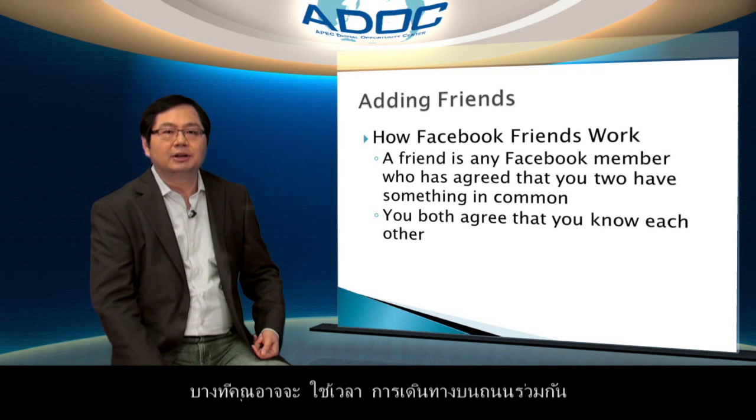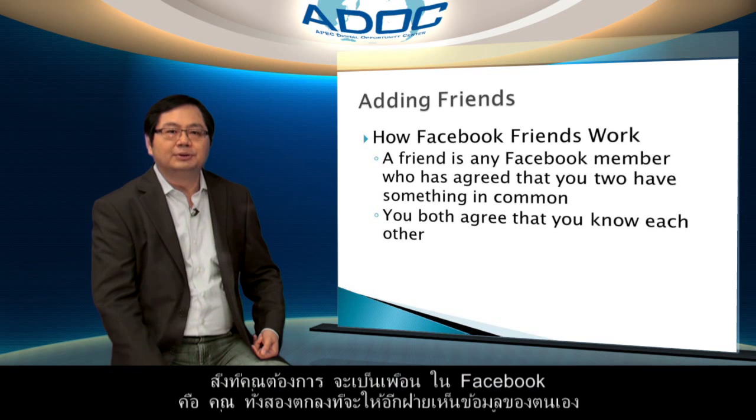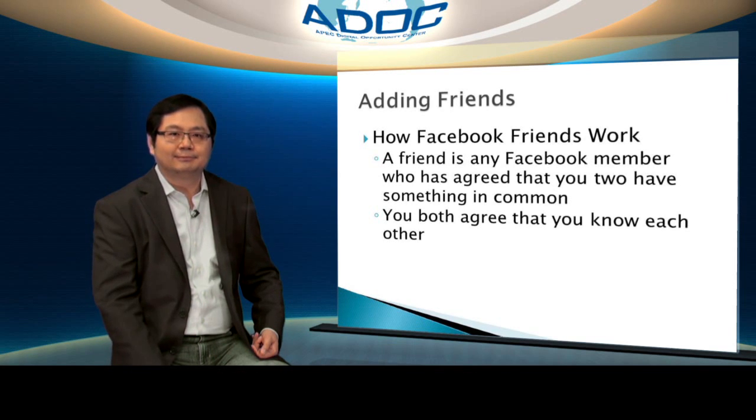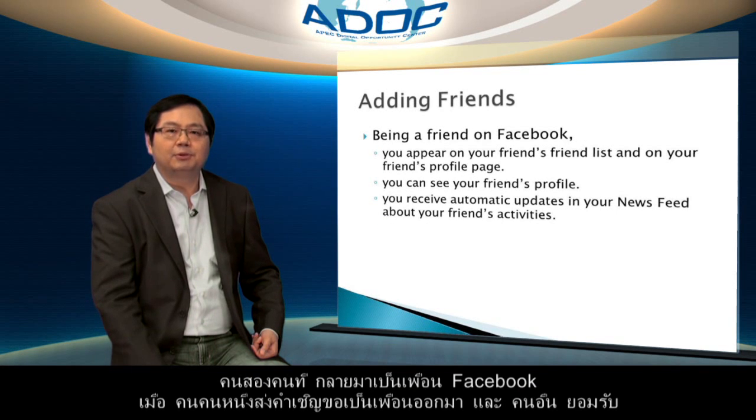Maybe you took a road trip together. What you need to be friends on Facebook is that you both agree that you know each other. Two people become Facebook friends when one person extends an invitation and the other person accepts it.